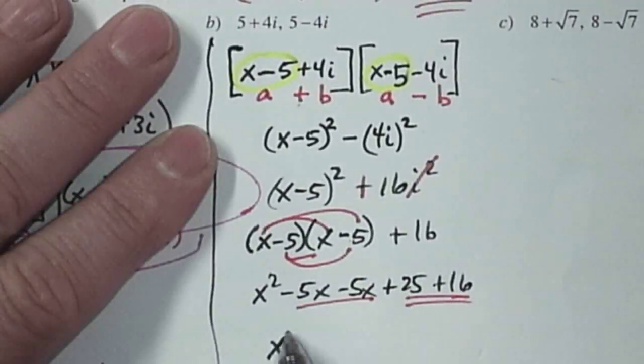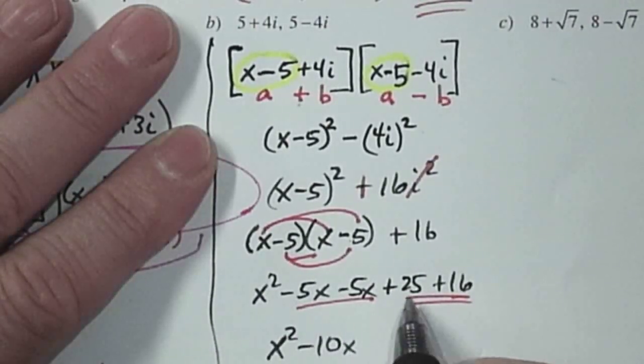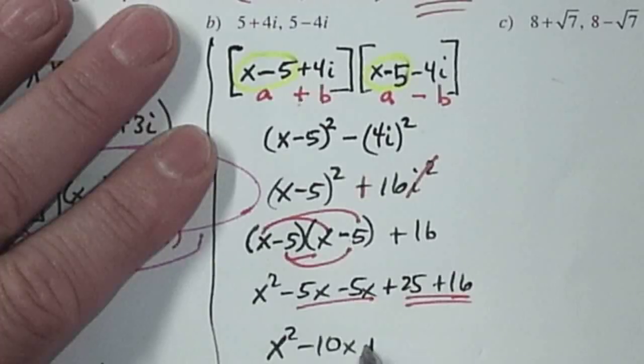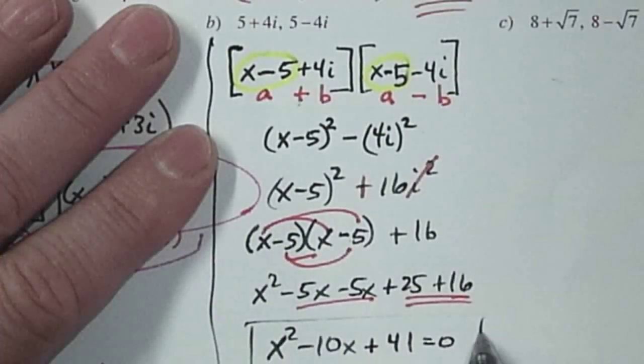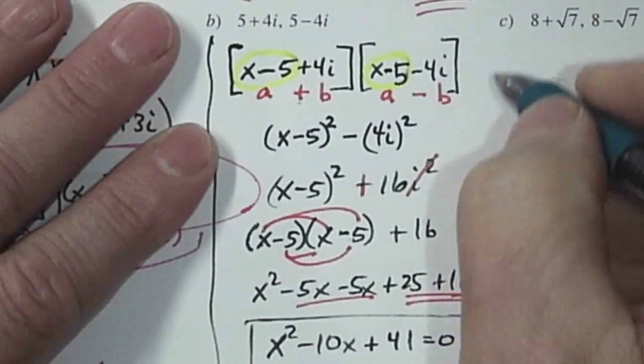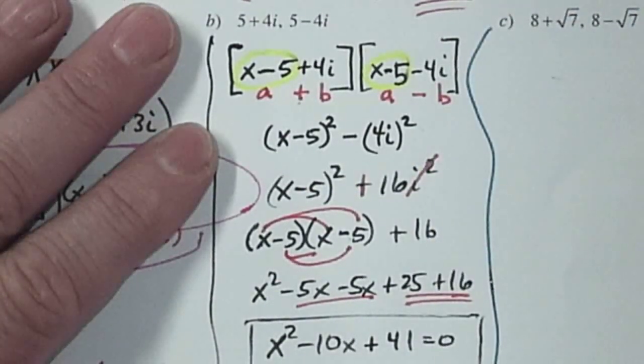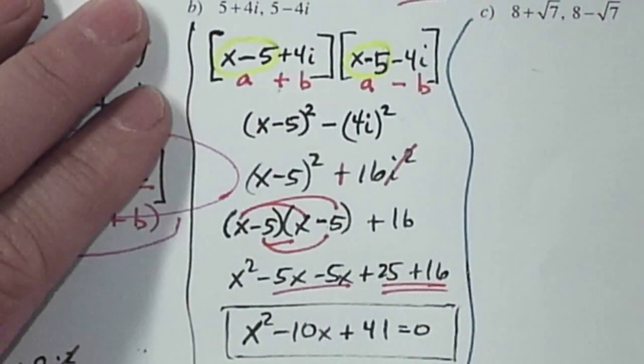These two go together, these two go together. We get x squared minus 10x plus 41 equals 0 because it's an equation. Box it up for Christmas.